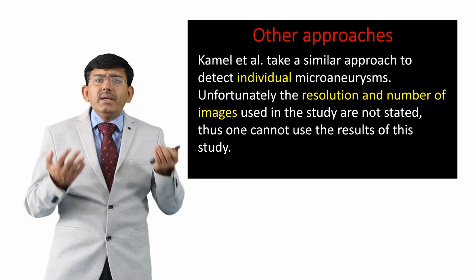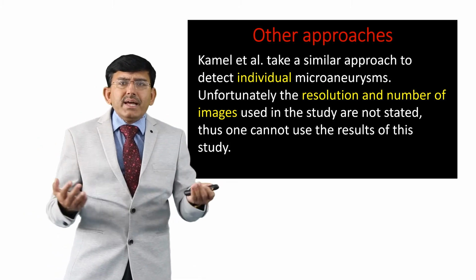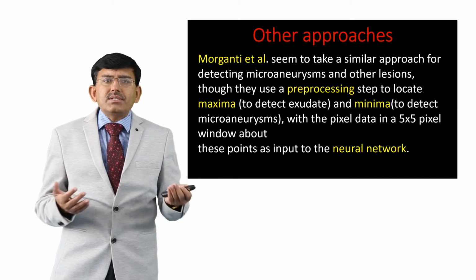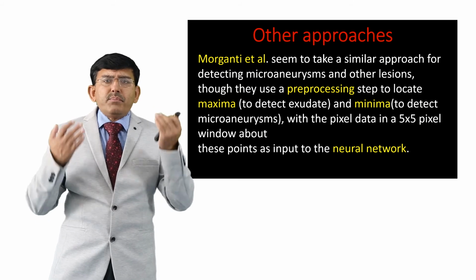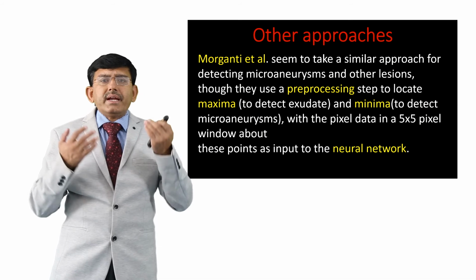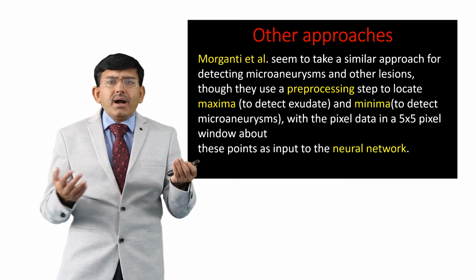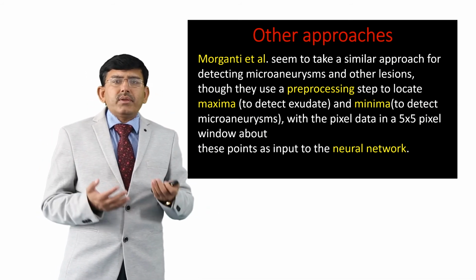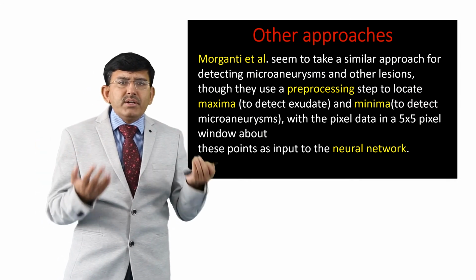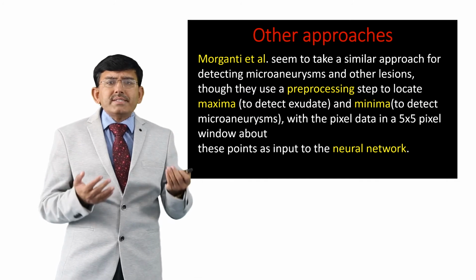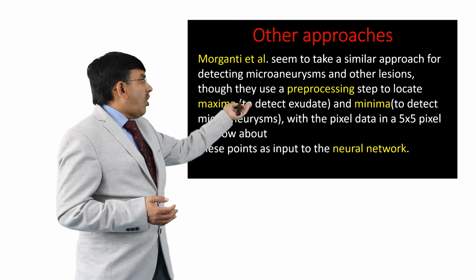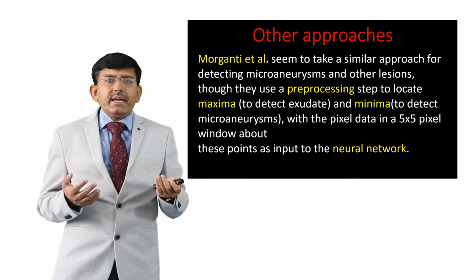Morganti and his group seem to take a similar approach for detecting microaneurysms and other lesions, though they used a pre-processing step to locate maxima to detect exudates and minima to detect microaneurysms, with the pixel data in a 5 by 5 pixel window about these points as input to the neural network model of soft computing technique.